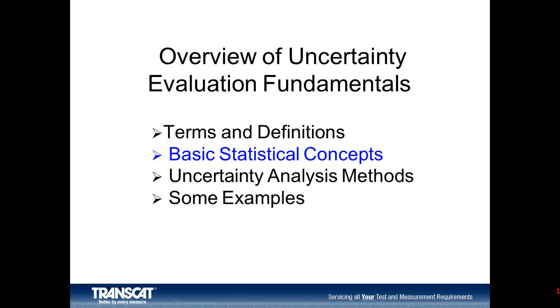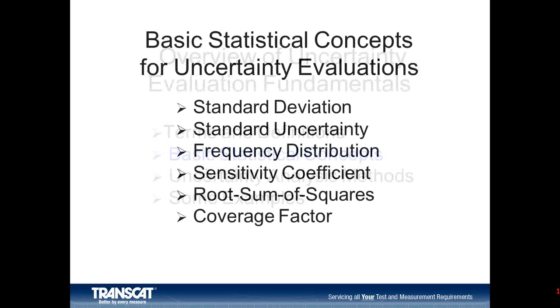So we need to have a common ground on some of the basic statistical concepts. So I will review a few of those. Standard deviation. This is a statistical tool for expressing the spread in the values about an average for a group of repeated measurements.